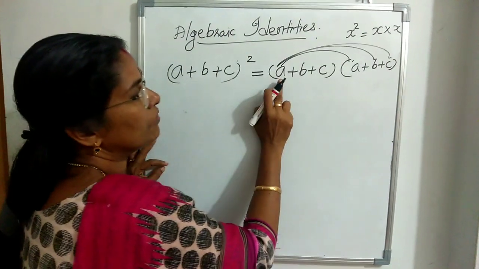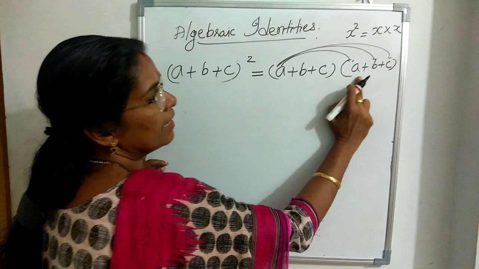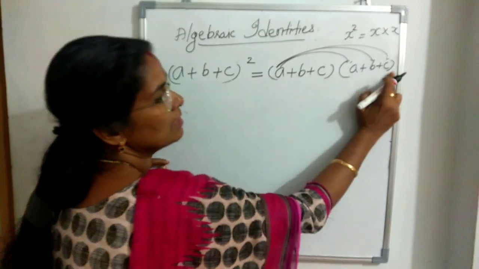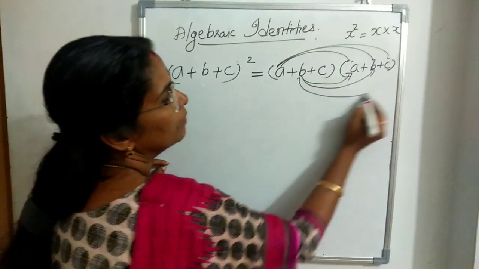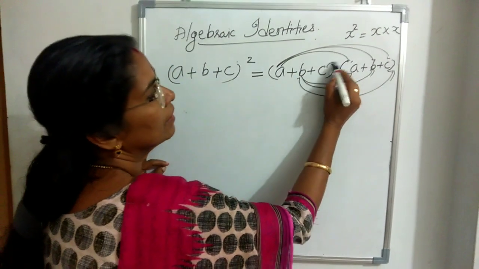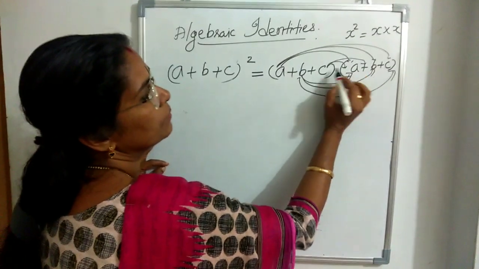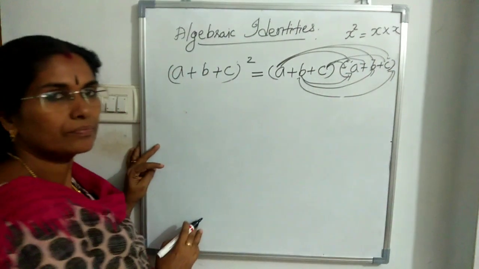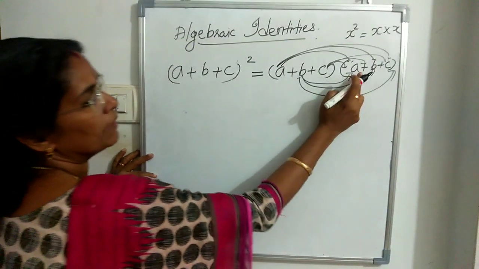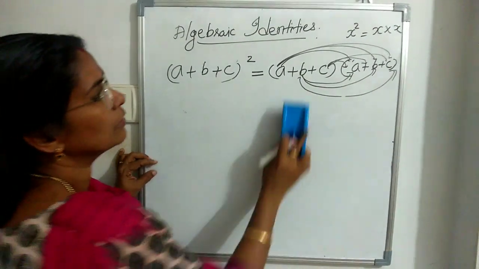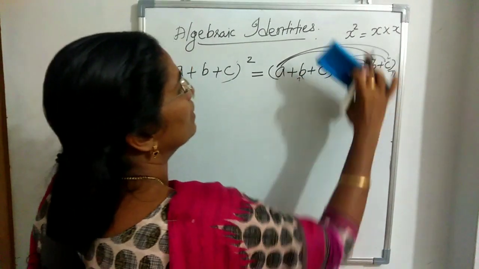First we are multiplying a with a and a with b and a with c. After that b with a and b with b, b with c. After that last c with a, c with b and c with c. Each term we are multiplying. So I am writing here, a multiplied with a. You have to rub this, then only it is clear.